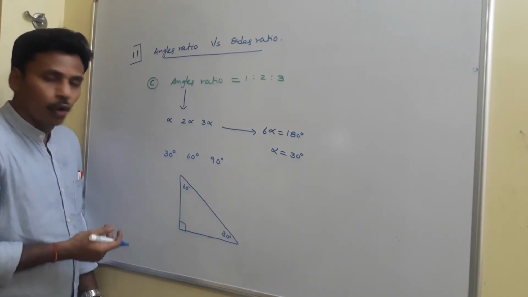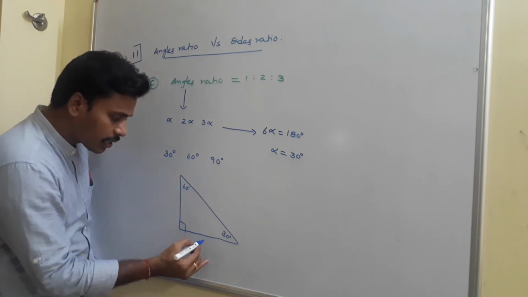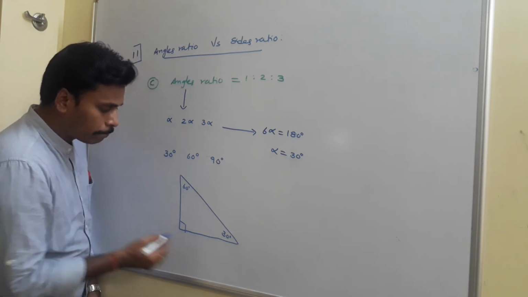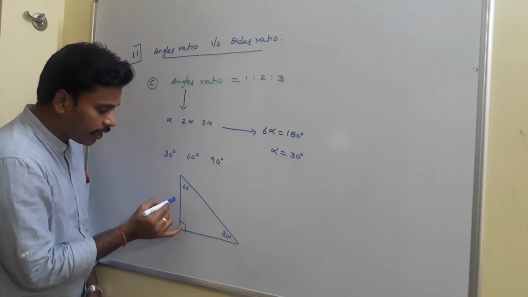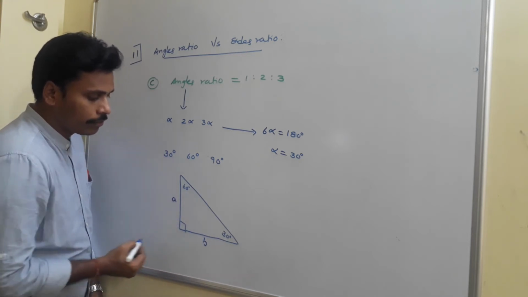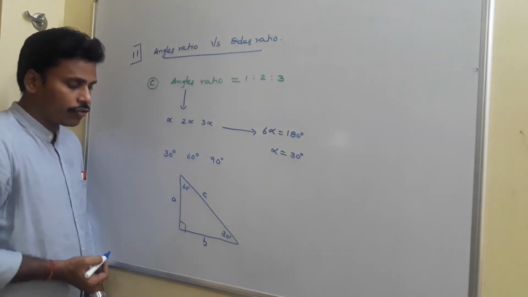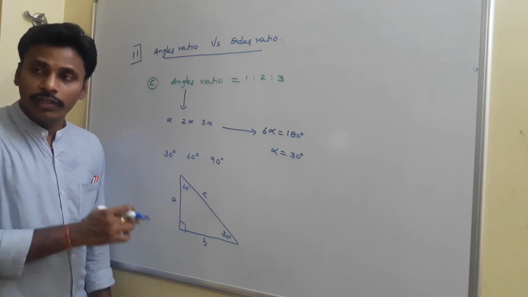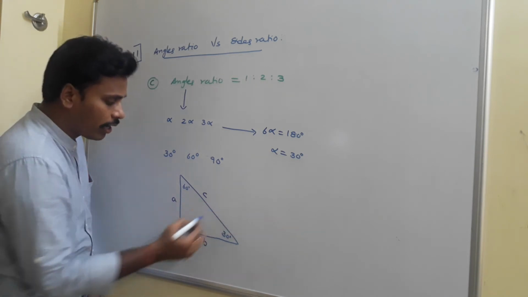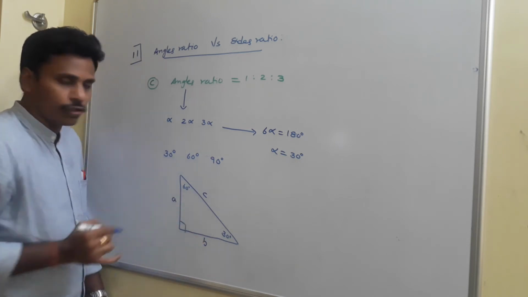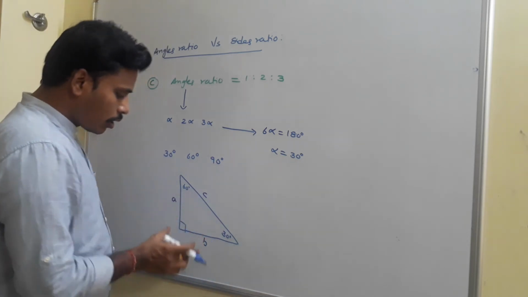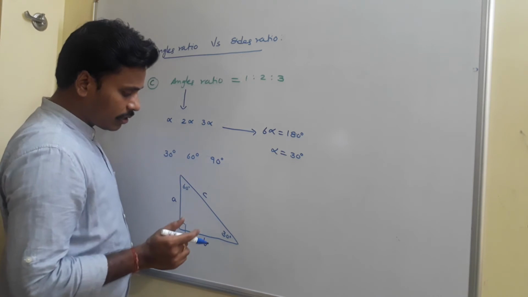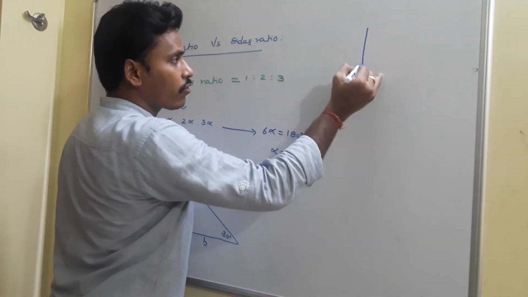Initially, if you don't know the ratio between these sides, take this as a and this as b and this as c. Let them be a, b, c. Our intention is to find the ratio between these three. So we need to calculate what a is to b is to c. You just take one more triangle like this. This is the first triangle what we are given.